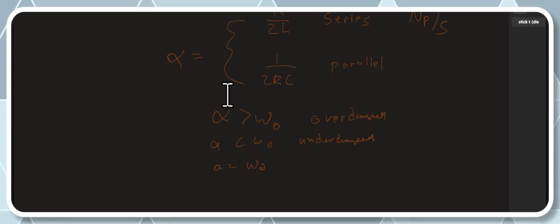Exactly. And omega naught is an angular frequency, and so this can help you remember: if my alpha, which is some sort of frequency, is greater than my omega naught, my critical frequency, okay, that's overdamped. So that can help you remember which way is which.